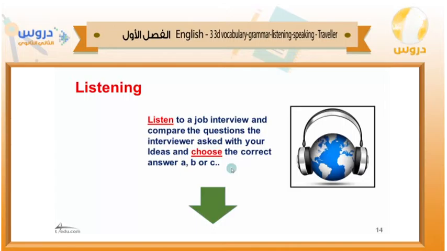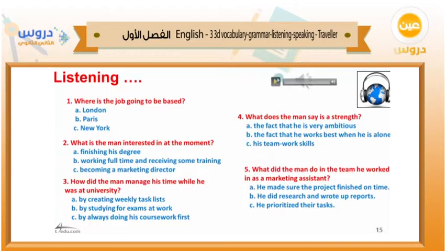Each question has multiple choice of 3 possible answers. It could be A, B, or C. One is correct. So I hope you have prepared your headphones. Okay? Listen. And before I play it to you, try to read very quickly the question and the answers and try to guess one correct answer out of A, B, or C. Here I go.